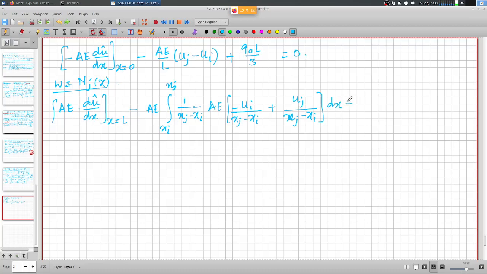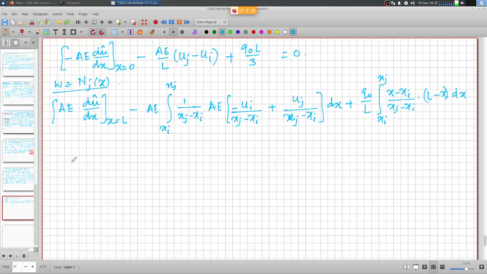And then again Q0 by L, Nj is equal to x minus xi divided by xj minus xi multiplied by L minus x dx.